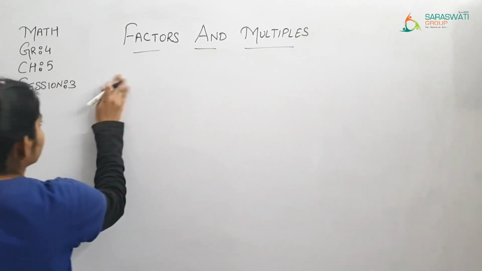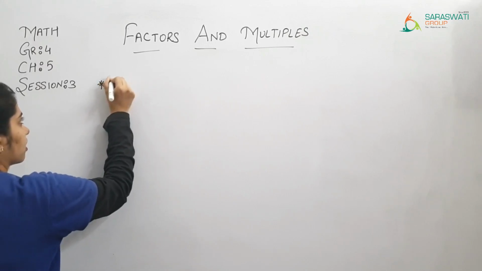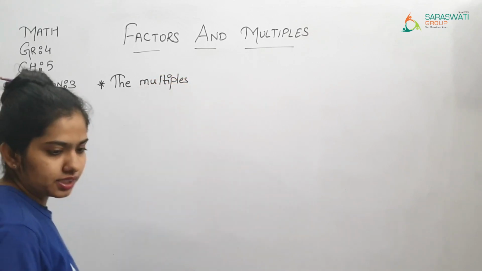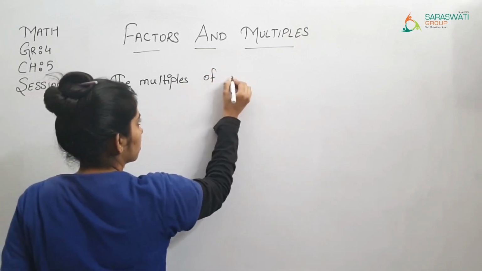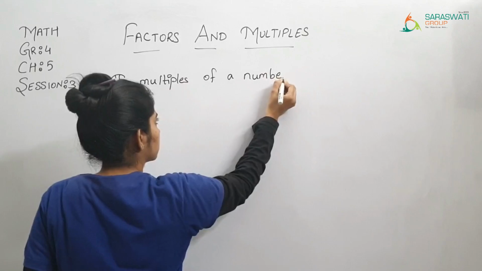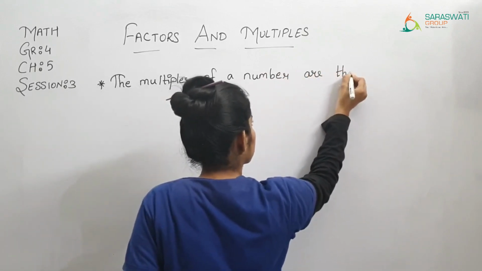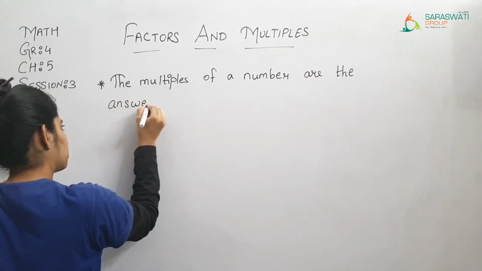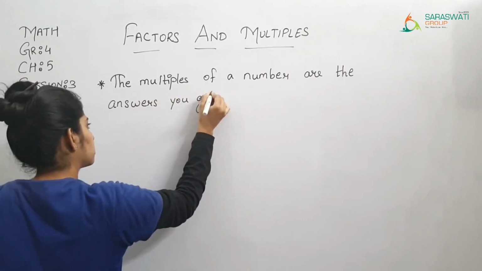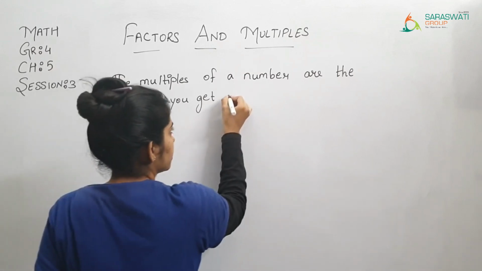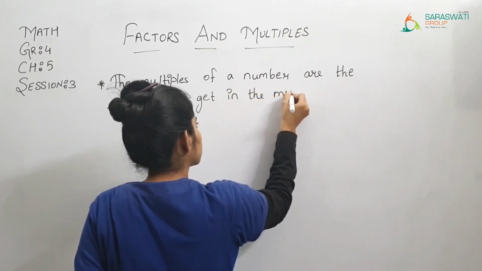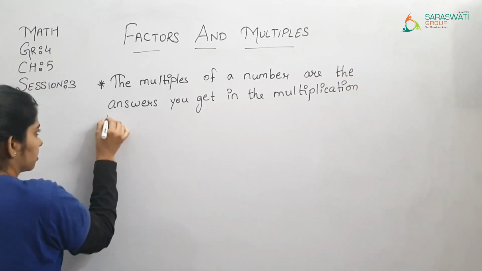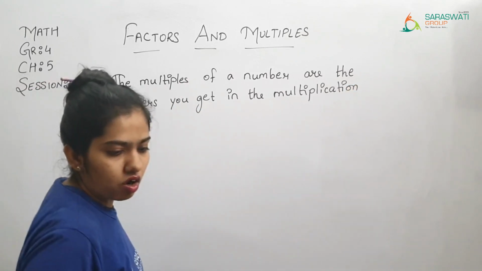The multiples of a number are the answers you get in the multiplication table of that number.